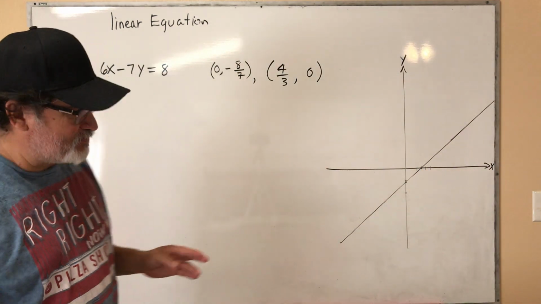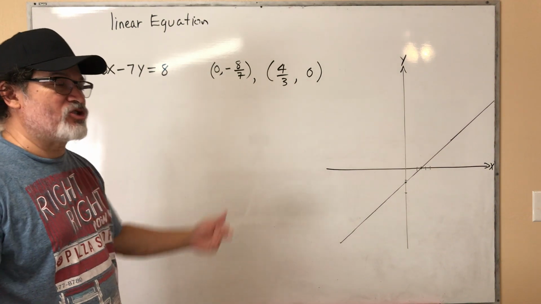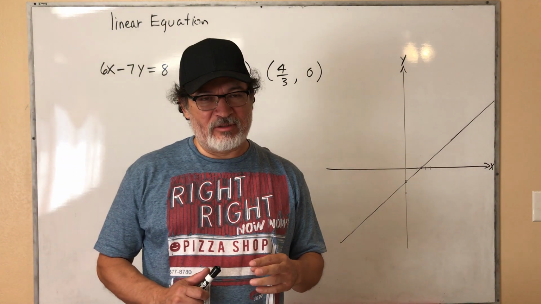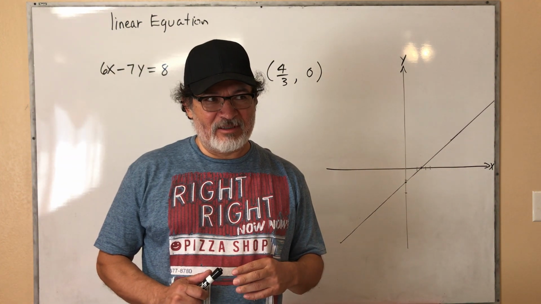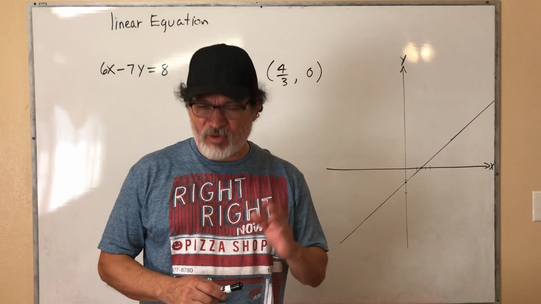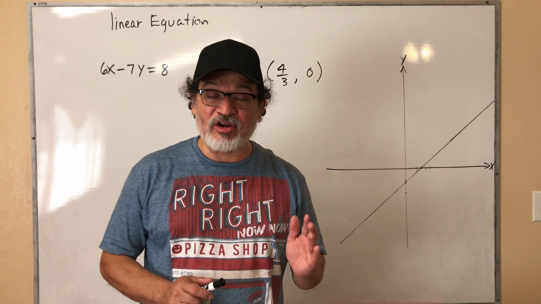Now, we know how to do this. But in chapter 3, we have more than one equation. That's what we call a system of linear equations.